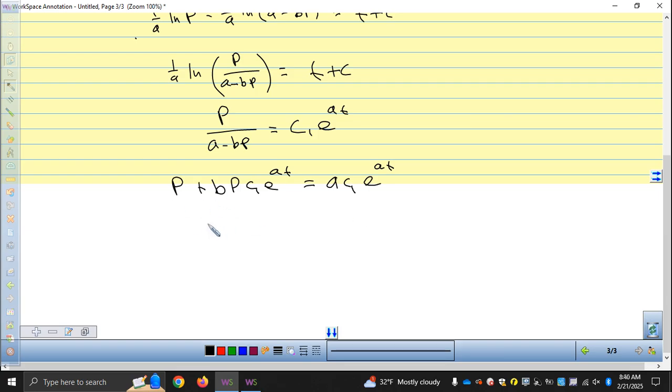Factor out the P, and I get the population is A C1 e to the AT over 1 plus B C1 e to the AT.